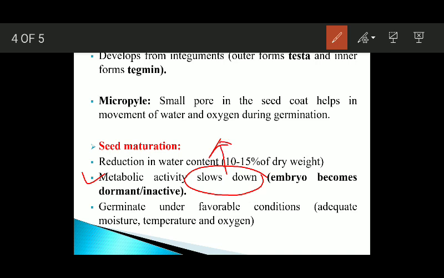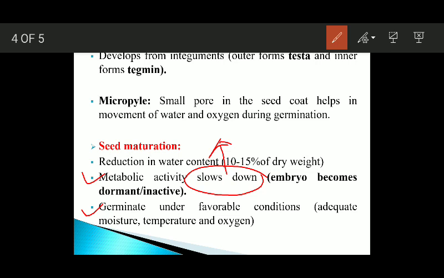It gets metabolically inactive for some time period. Then finally, when the seed has passed all the stages, it has reduced its water content, the embryo has become dormant or inactive, then after some time interval the seeds are capable of germinating.